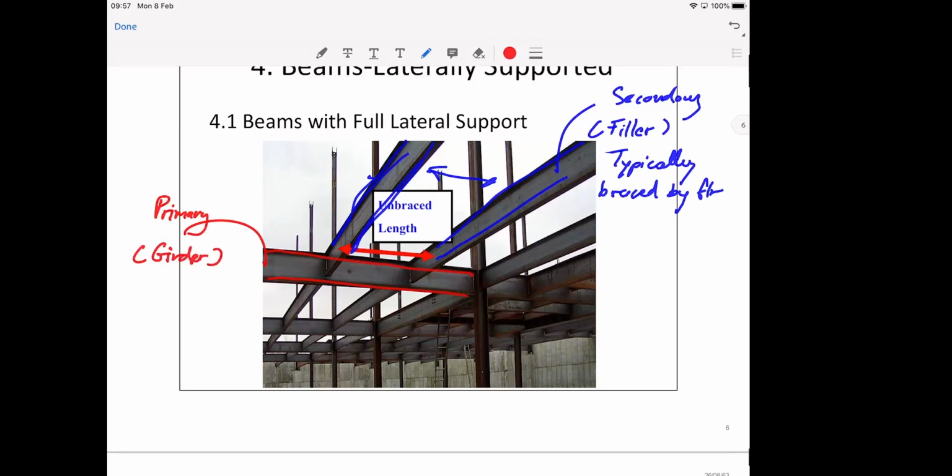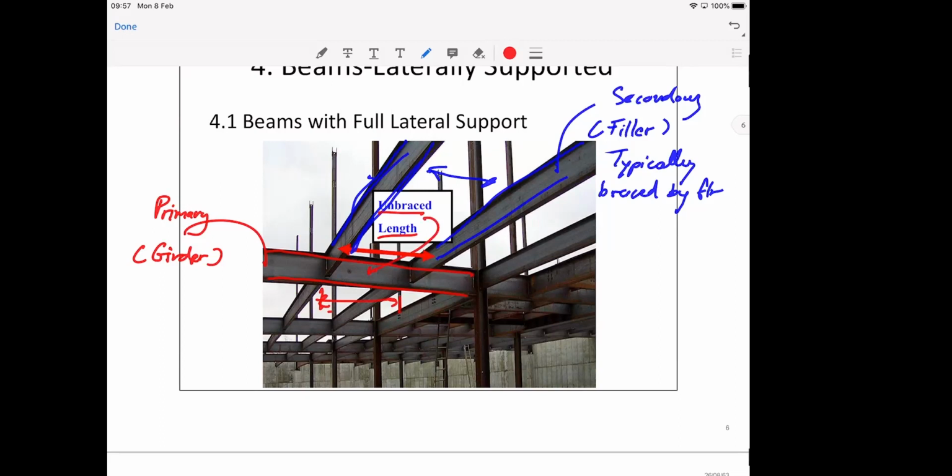The main girder here will be braced by the blue beams, and that will be the distance between the brace points, and that distance becomes what we call the unbraced length. This is the unbraced length of the primary beam, the red one.